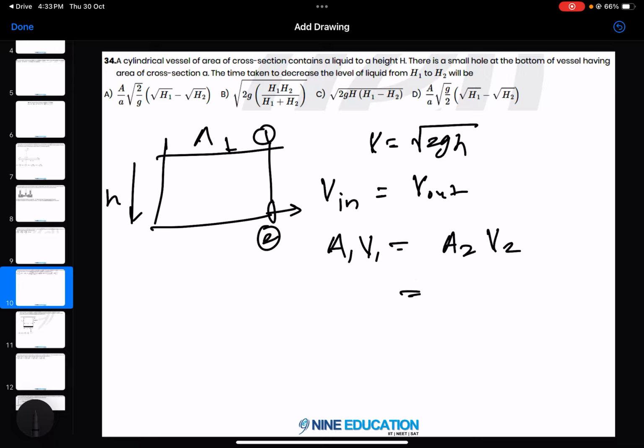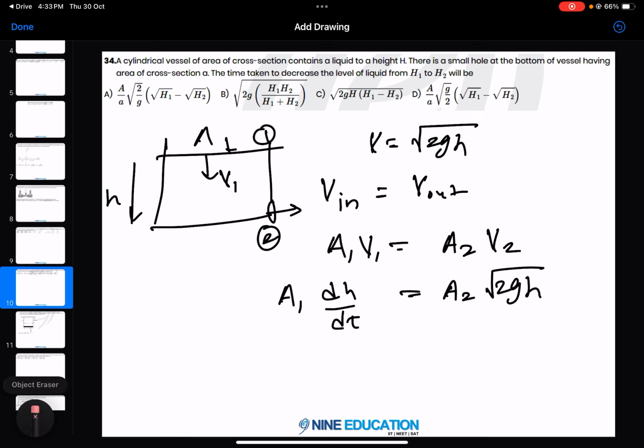What is the velocity of efflux? Velocity of efflux will be under root 2gh. And what is v1? v1 is the velocity with which this water level is coming down, which will be dh by dt.